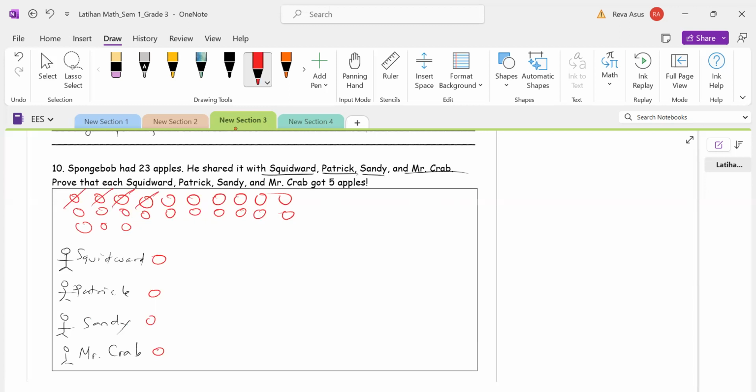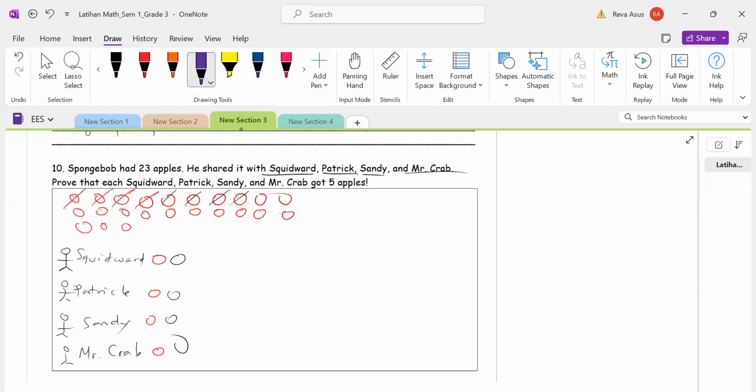So at one time, we share through them. So the apples here are getting 4 less. Yeah. So let's just remove 4. 1, 2, 3, 4. We give to 1, 2, 3, 4.